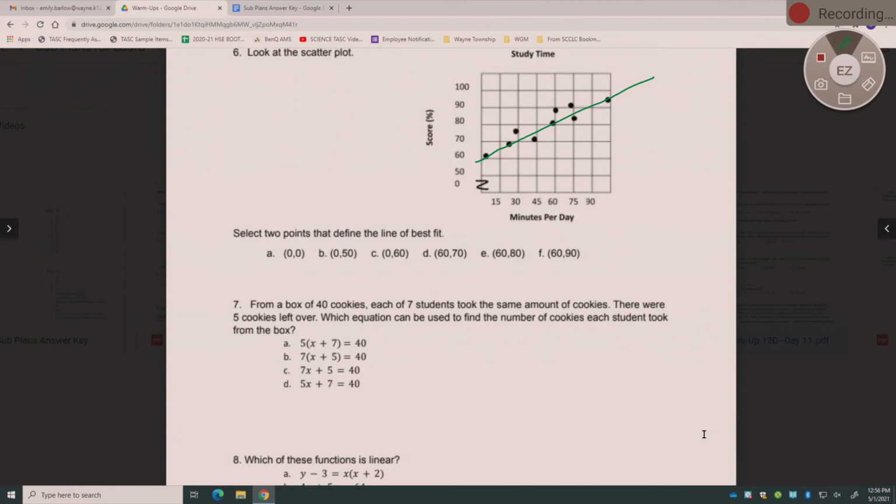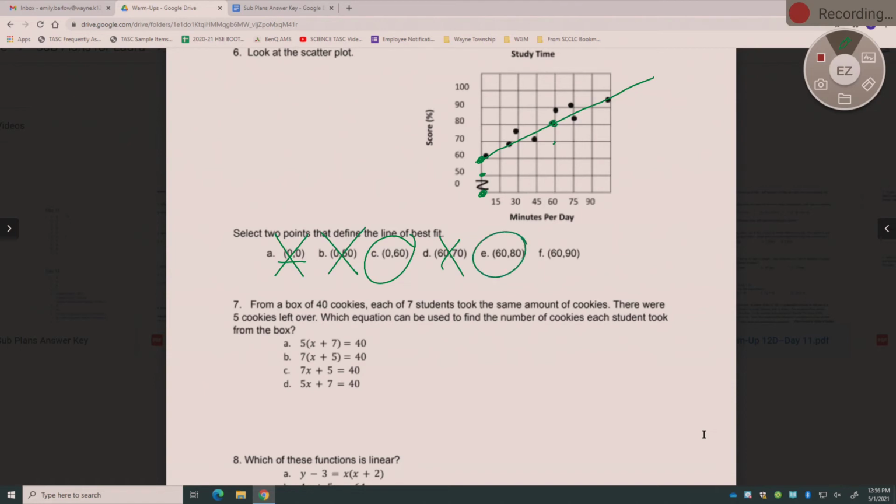Remember, my line of best fit tries to go through as many points as I can, and it has about the same number of points above the line as it has below the line. So now I look at my points. Well, 0, 0 is right here, and that is definitely not on my line of best fit. 0, 50 is right here, also not on my line of best fit. 0, 60 is on my line. 60, 70 is not on my line. 60, 80 is.